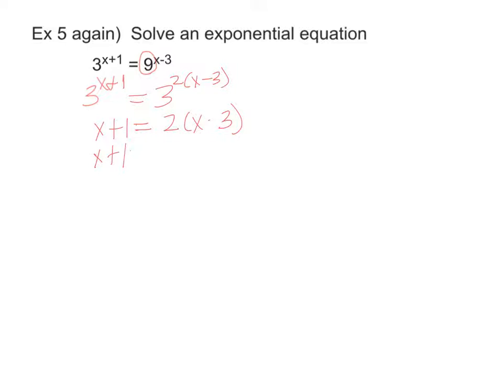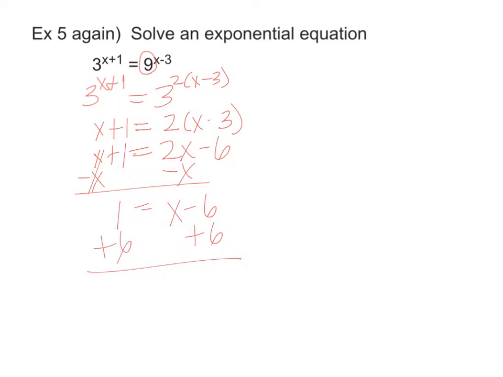So x plus 1 is now equal to 2x minus 6. I'm going to subtract my x from both sides. 1 is now equal to x minus 6. When we add 6, x is equal to 7. Is that what you got? Awesome. Great job, great job.